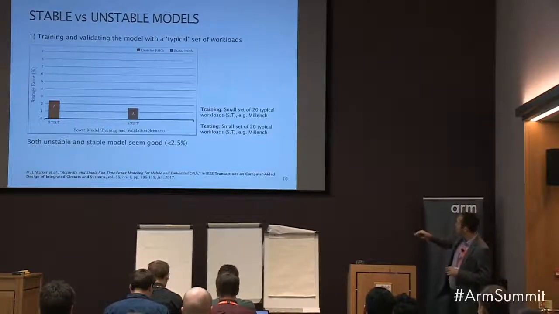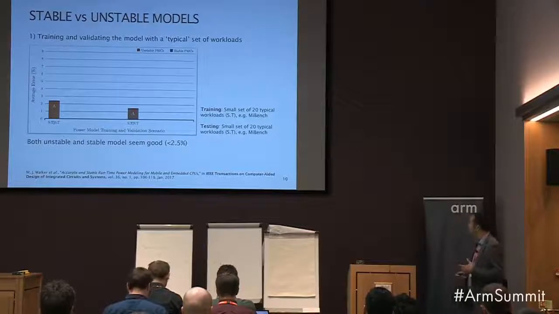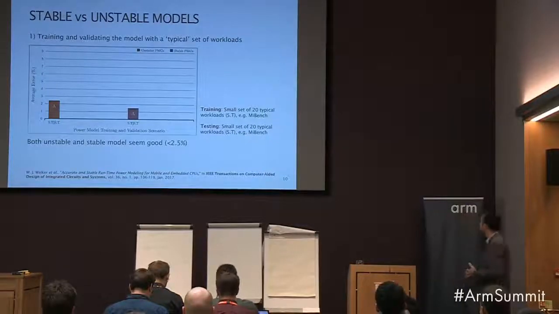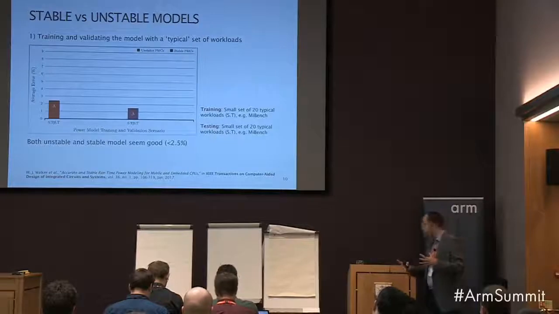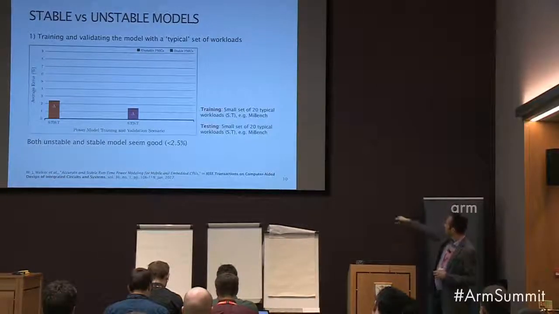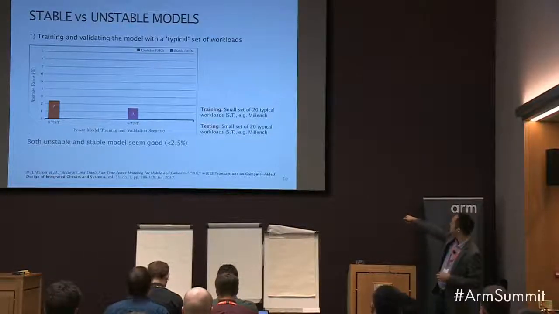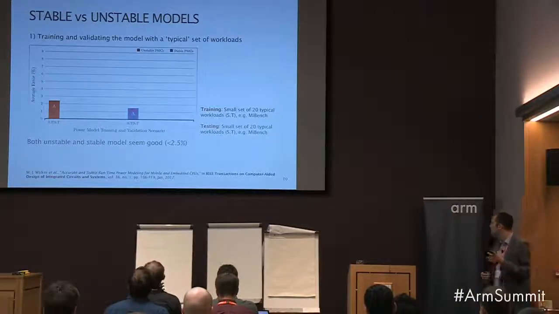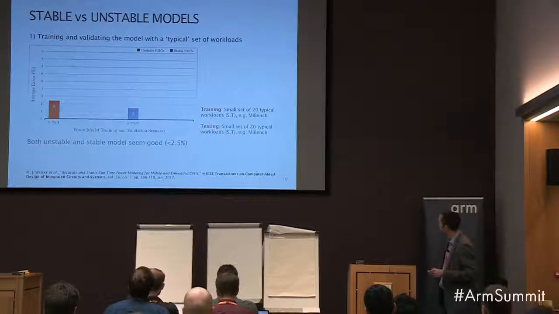And the bars that are shown there at the moment, the models have been trained using a set of 20 typical workloads that you think that system is going to encounter, and then testing it on the same kind of size of typical workloads. And you see, okay, ours is performing very slightly better, but they're both giving you pretty good accuracy results of under 2.5%.